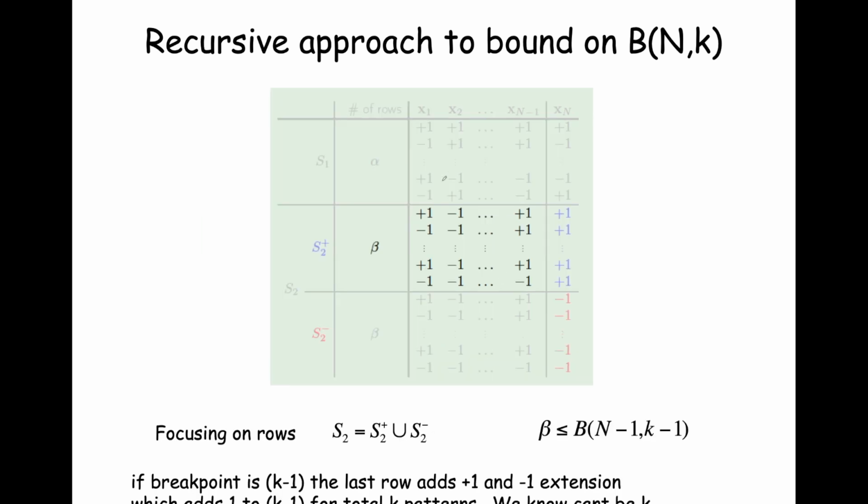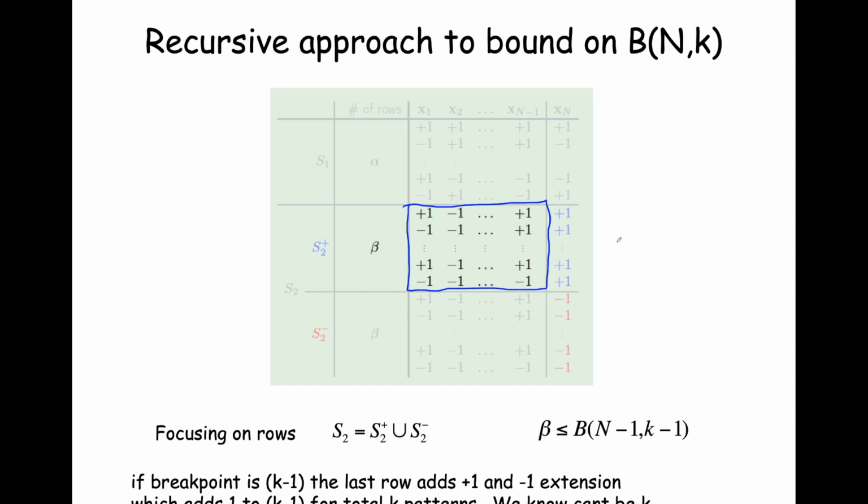So now let's turn our attention just to the section that we call the non-unique dichotomies. To jar your memory, it was the set of dichotomies that are not unique in the first n minus 1 digits. When we focus on these rows, we said before, for every element that we have in S2 plus, we also have an S2 minus.